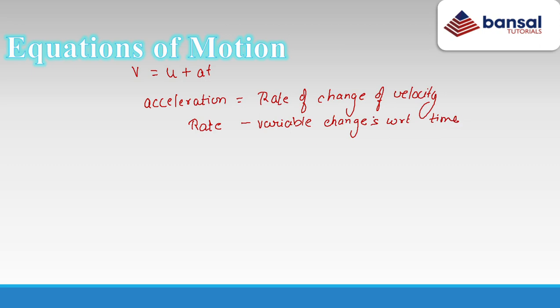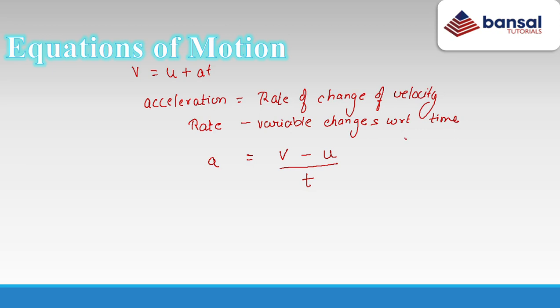So change in velocity is given by final velocity minus initial velocity, and it is rate of change, so it will be divided by t. So acceleration is equal to v minus u upon t.